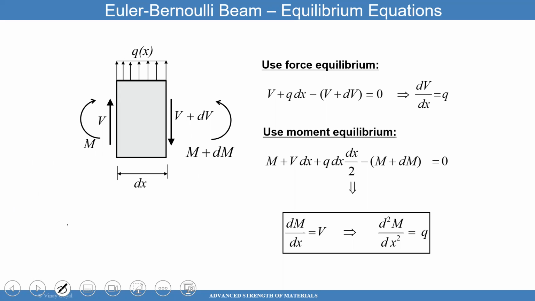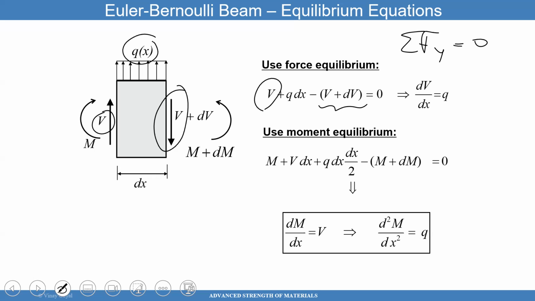And I can now apply equilibrium equations. So what do I have? I have summation of forces in the y direction equals 0. So I have this V here that's going upwards. I have V plus dV, which is going downwards in a negative sense. And then I have q dx.